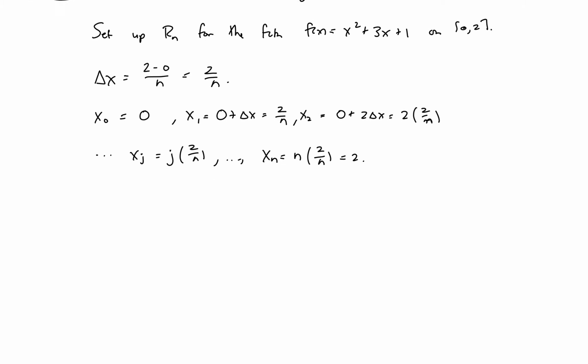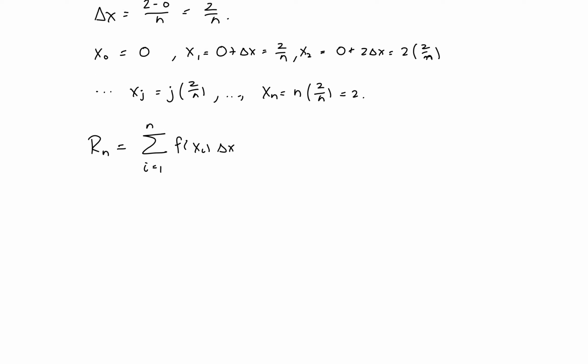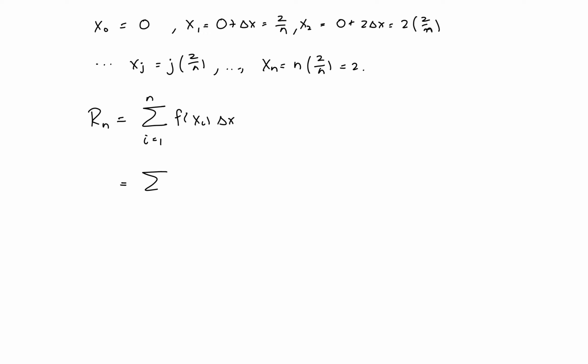So let's see what our right Riemann sum is then using our definition. Remember, to get the definite integral, we're going to eventually want to take the limit of this sum. So this is just our definition. Now let's plug in for our function.